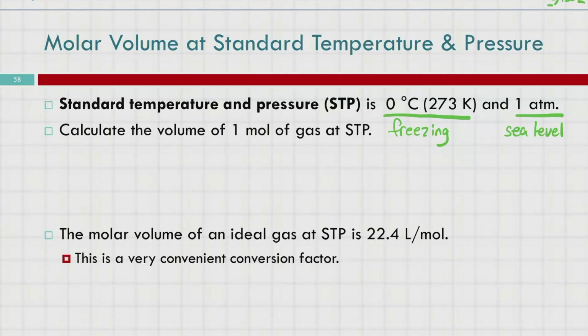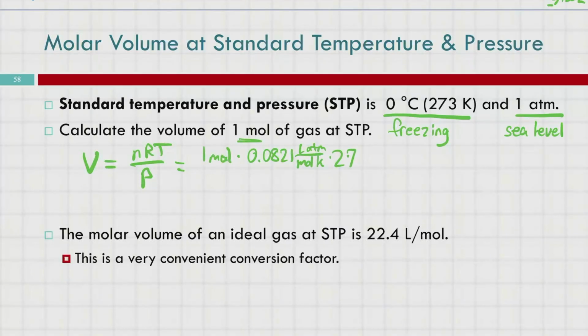That's STP for you. We can calculate the volume of 1 mole of gas at standard temperature and pressure. V equals nRT over P, like we saw earlier. If we put in 1 mole times 0.0821 L·atm per mol·K times our 273 Kelvin divided by our pressure of 1 atmosphere, we get a bunch of stuff to go away.